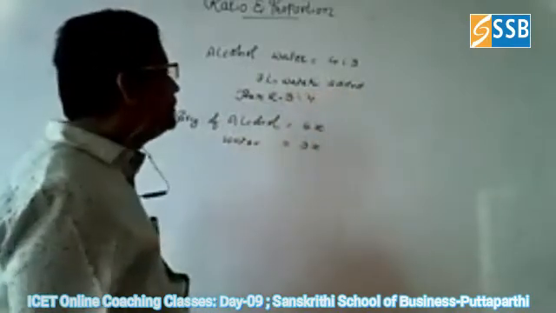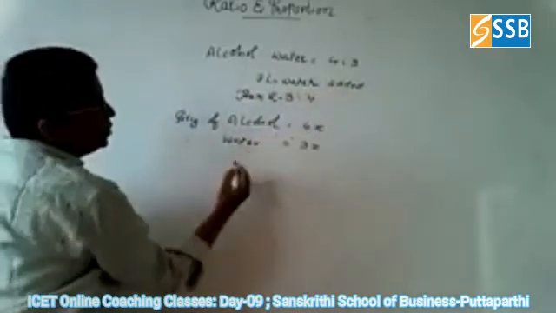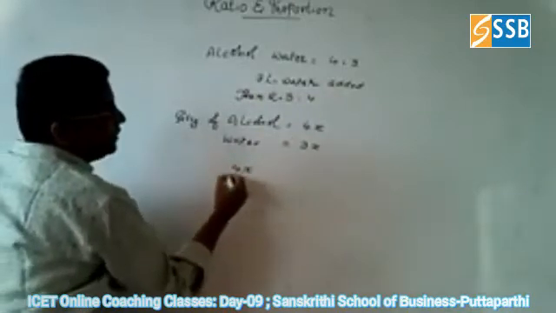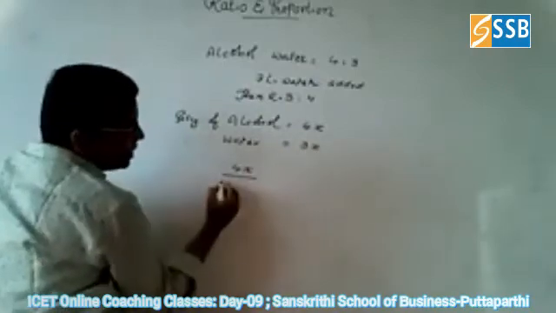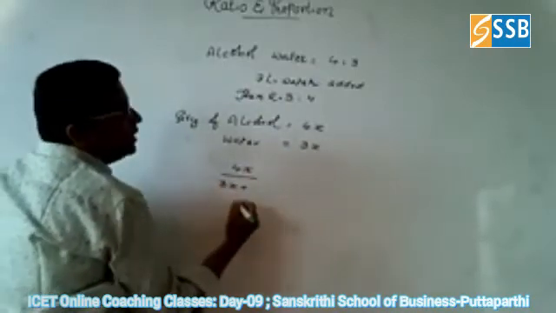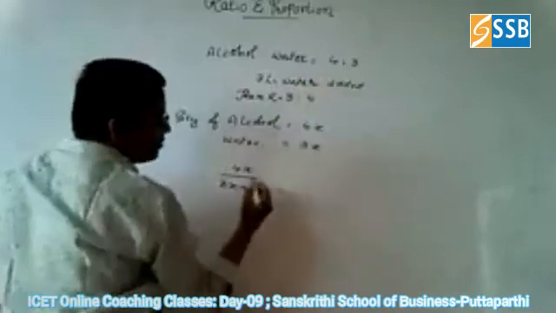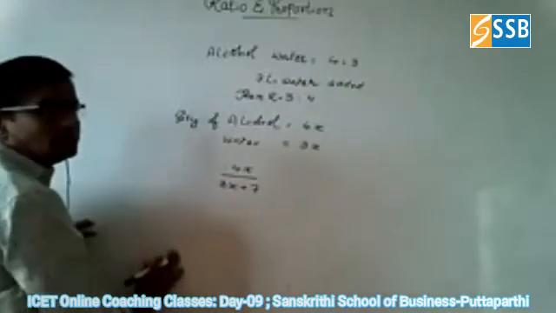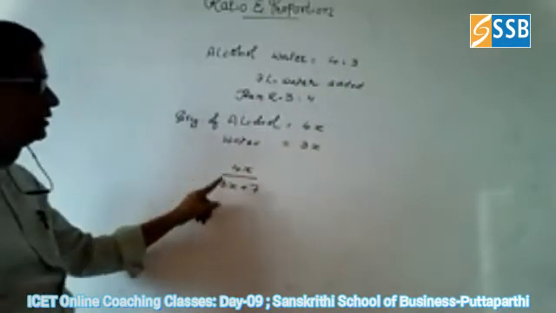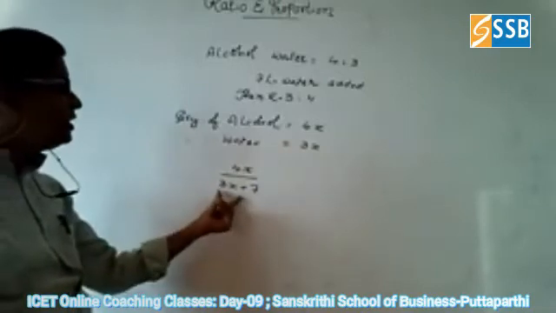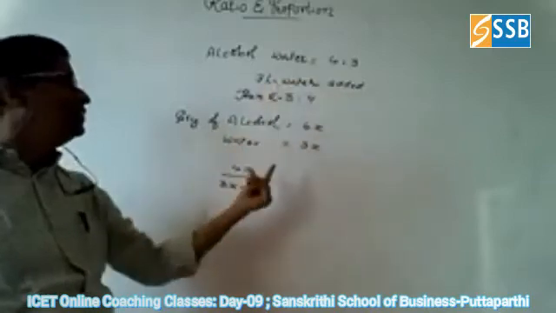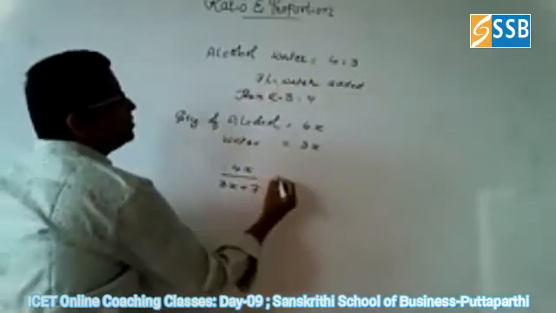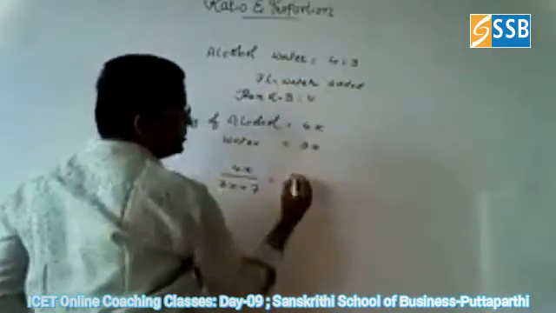So the ratio is 4x divided by 3x plus 7. This is alcohol, this is water. After adding 7 liters, the ratio becomes 3/4.